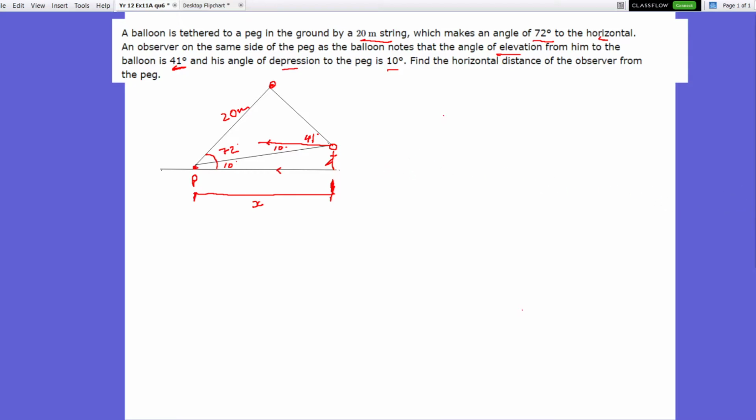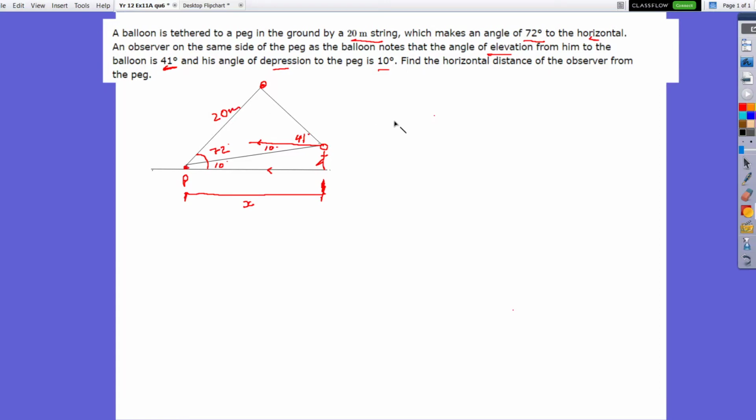I'm going to go back to using some straight lines. So we've got this point to the balloon going from there to there. Okay, this point here to the gadget from there to there, and the gadget to the peg looking downwards going from there to there.